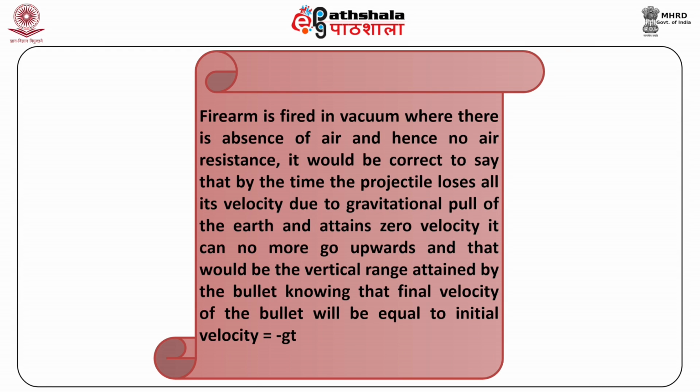If the firearm is fired in vacuum, where there is absence of air and hence no air resistance, it would be correct to say that by the time the projectile loses all its velocity due to gravitational pull of the earth and attains zero velocity, it can no more go upward, and that would be the vertical range attained by the bullet, knowing that final velocity of the bullet will be equal to initial velocity minus gt, where the time of flight is t and g is acceleration due to gravity.